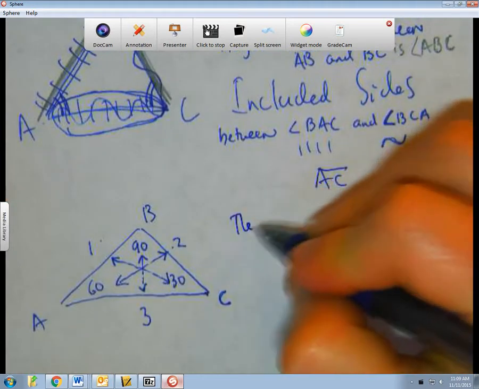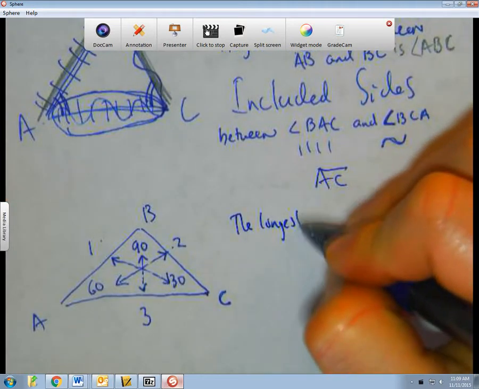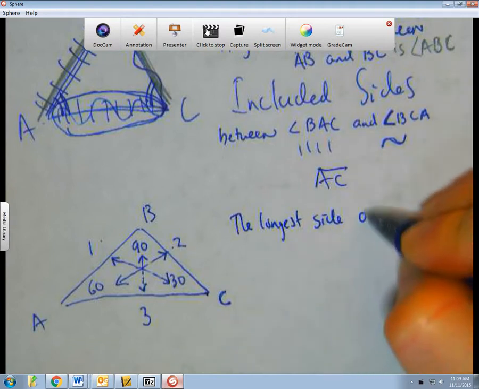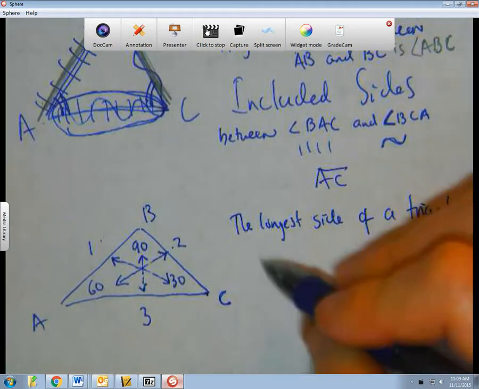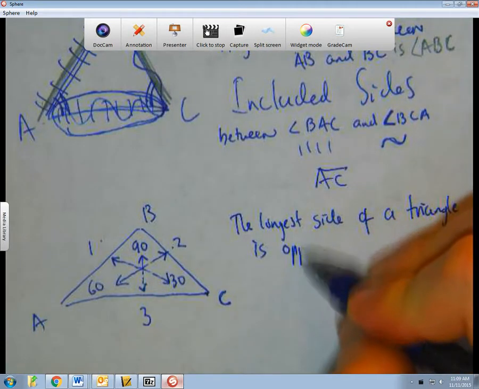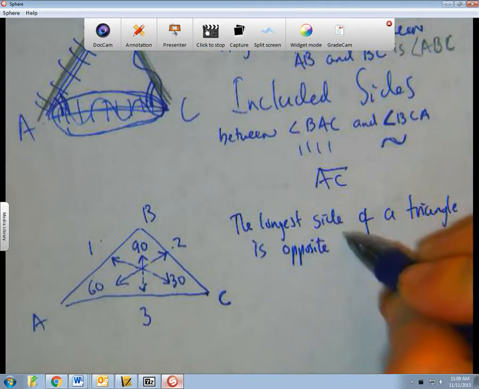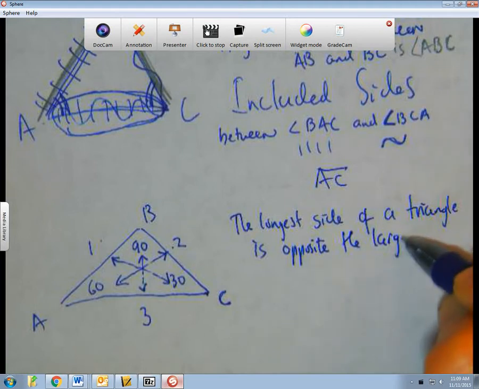The longest side of a triangle is opposite the largest angle.